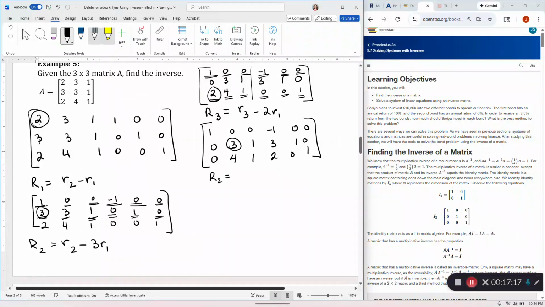Row 2, row 3 minus row 2. 4 minus 3, 1 minus 1, 2 minus 3, 0 minus 1, 1 minus 0. Third row I didn't change yet.